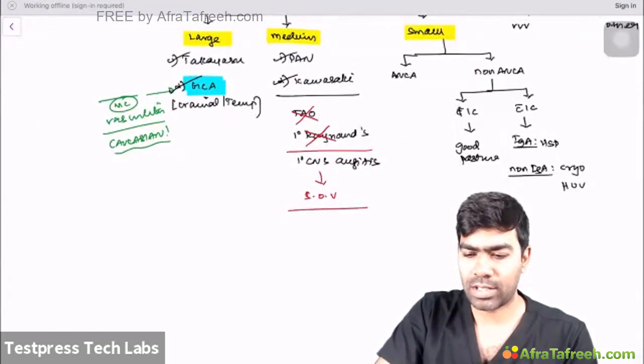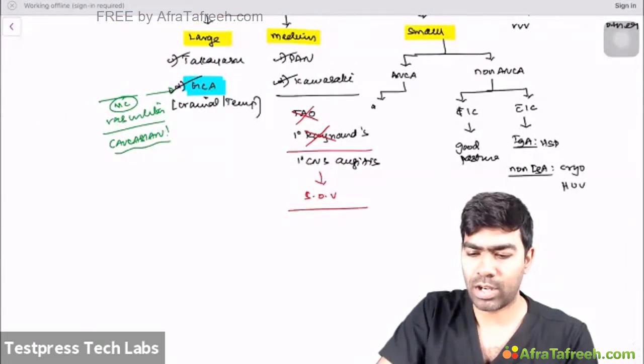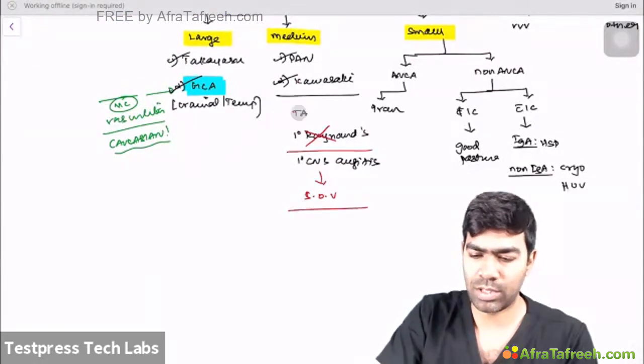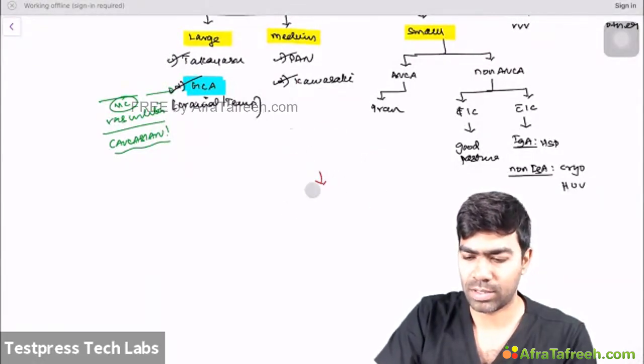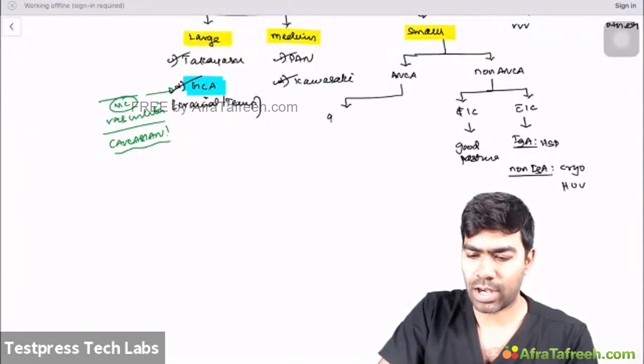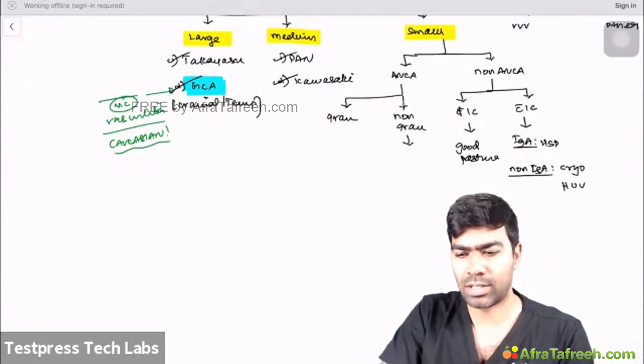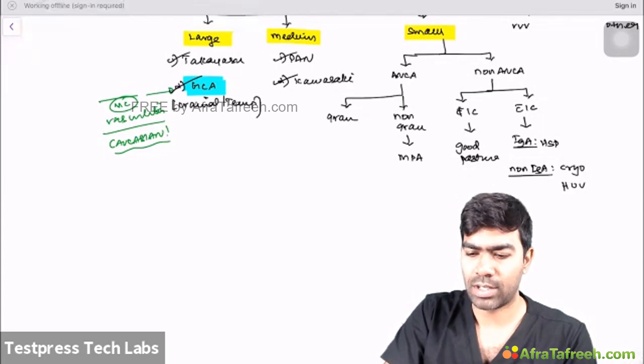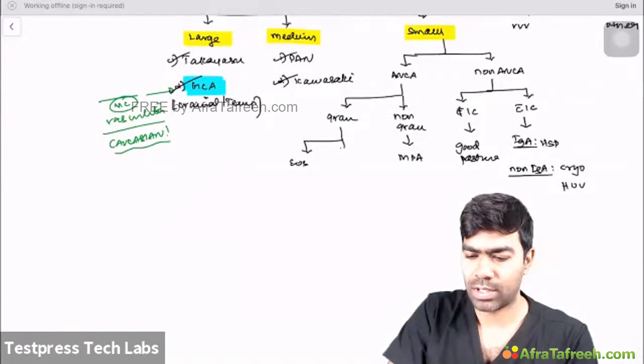And ANCA-associated vasculitis, you can split into granulomatous forms and non-granulomatous forms. In non-granulomatous forms, we have only one, that is microscopic polyangiitis. Granulomatous forms can again be classified into eosinophilic types and non-eosinophilic types.